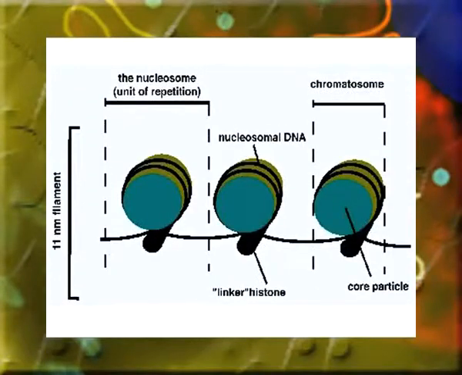The shape of the nucleosome corresponds to a flat disc or cylinder 11 nanometer in diameter. The height of the cylinder is 6 nanometer, of which 4 nanometer is occupied by the two turns of the DNA. The pattern of the two turns has a possible functional consequence.